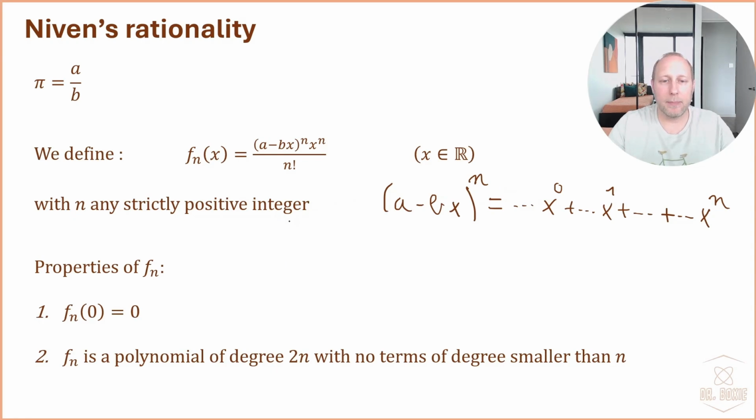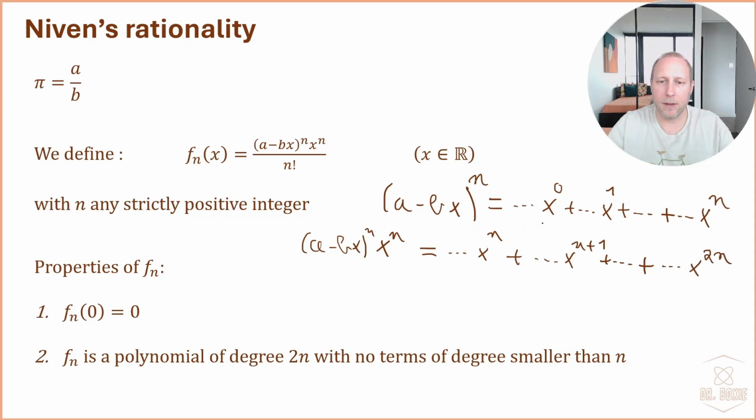And if we now multiply this (a minus bx) to the power n with x to the n, which is the numerator of the function fn of x, we get a coefficient multiplied with x to the n plus another coefficient multiplied with x to the n plus 1, plus all the way up to a coefficient multiplied with x to the power 2n.